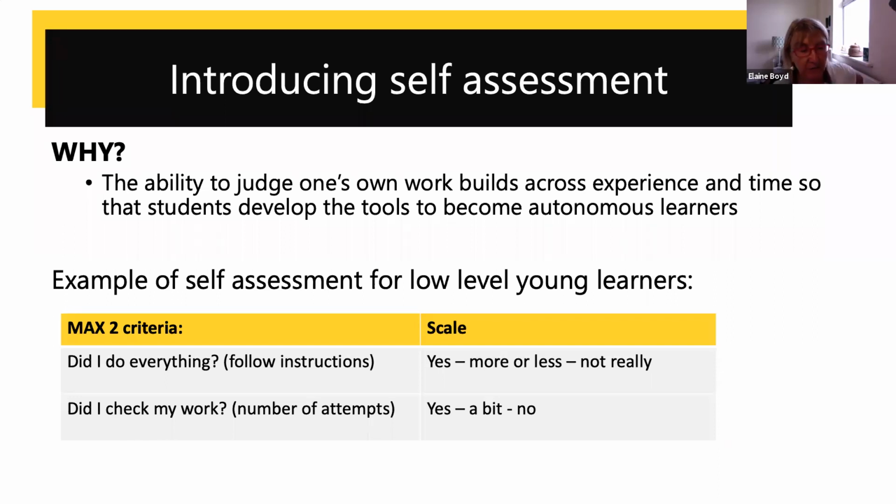So for example, we've got the example here, did I do everything in the task? Now, hopefully you'll have pre-planned it in class and you'll have discussed it. So they may have got the grammar wrong or whatever, but did I do everything? They should have got this right. So hopefully most of them would be able to put yes there. But then, did I check my work? Some of them are likely to have not done this or to have done it too quickly.